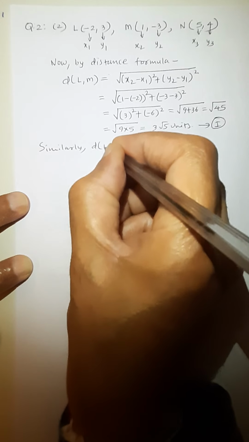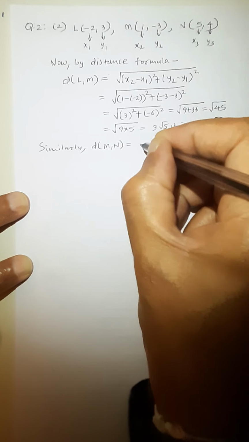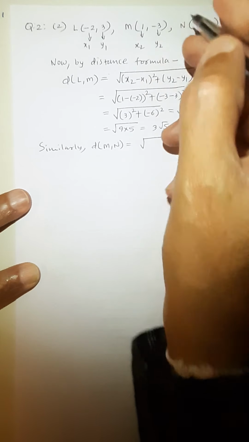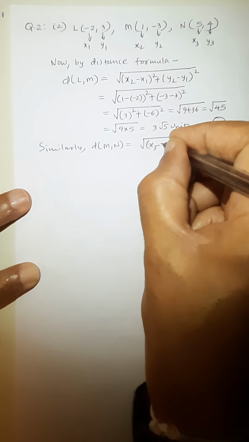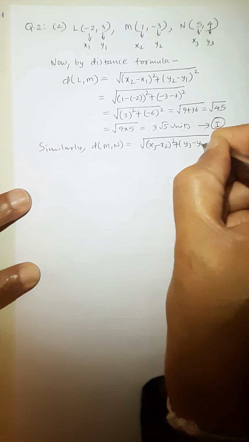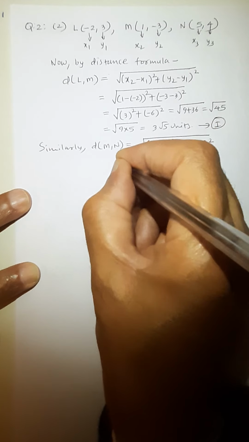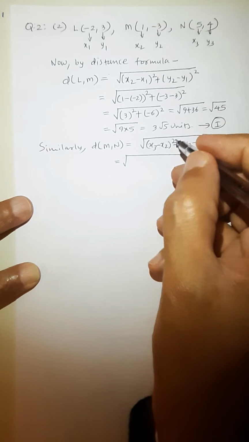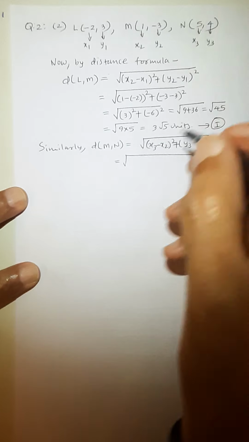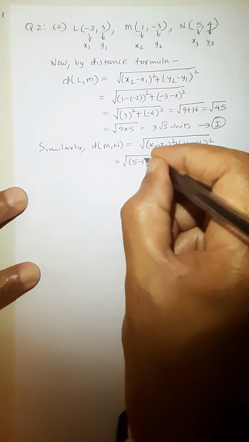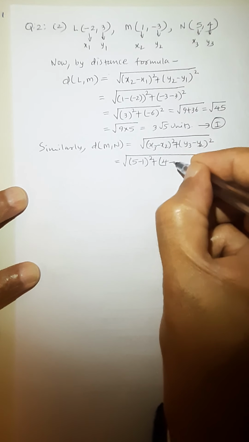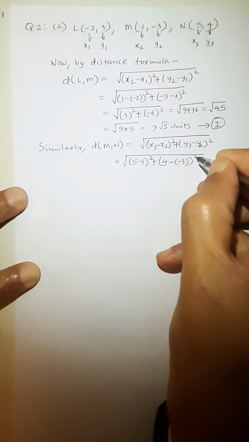distance MN is under square root, these are the 2 points now, x3 minus x2 the whole square plus y3 minus y2 the whole square. Which is equal to under square root, x3 is 5 and x2 is 1, so 5 minus 1 the whole squared plus 4 minus of minus 3, the whole squared.